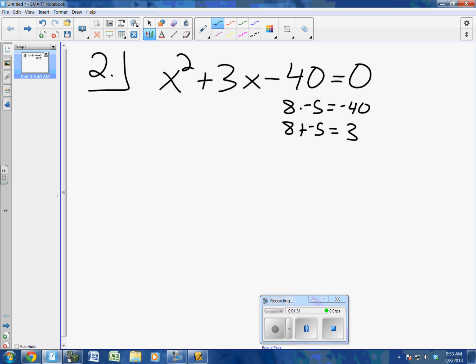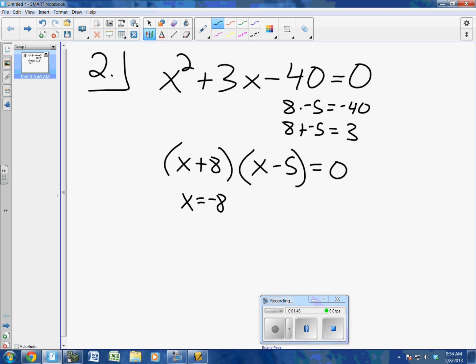You guys see that? So we could write this as x plus 8 and x minus 5 equals 0. And we want to know what number I can put in for x and add 8 and get 0. Negative 8. So x equals negative 8 because negative 8 plus 8 would be 0, and 0 times this would be 0, so that would make it true.